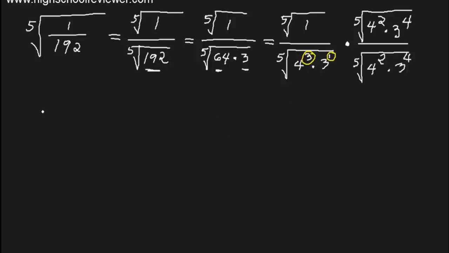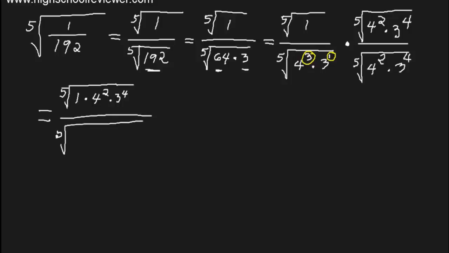Okay, so continuing, we will have the fifth root of 1 and multiply this. We can now combine this: 4 raised to 2 by 3 raised to 4, all over the fifth root of 4 raised to 3 multiplied by 4 raised to 2 multiplied by 3 raised to 1 times 3 raised to 4.